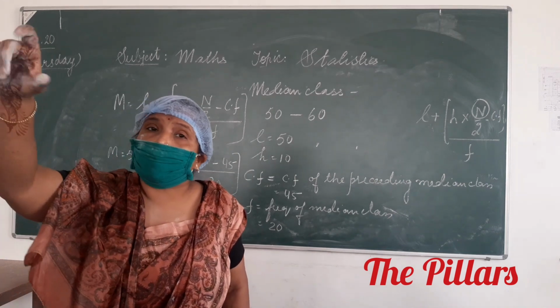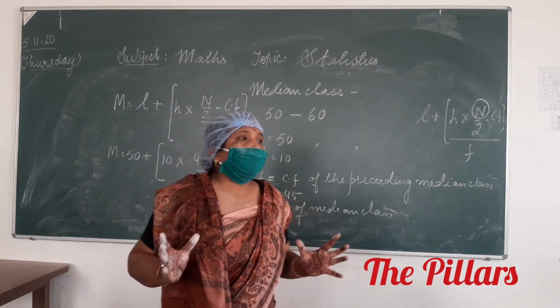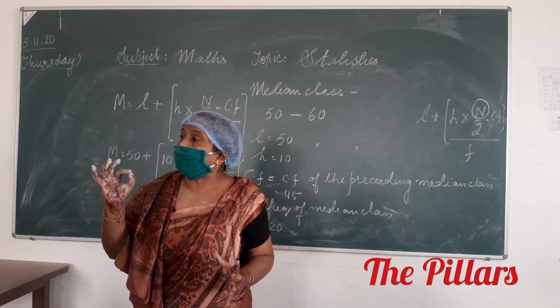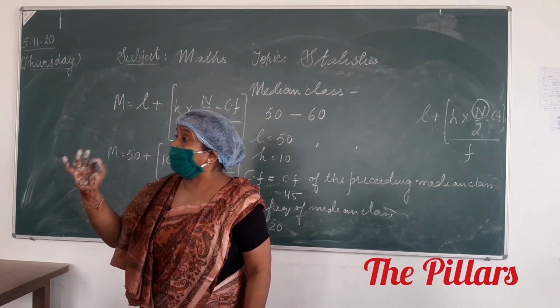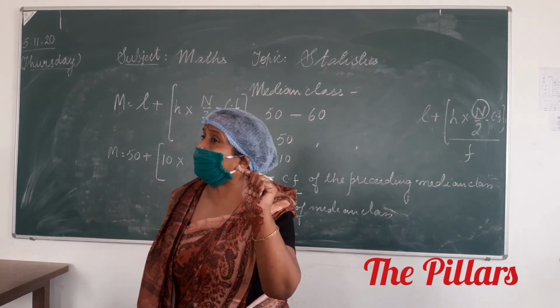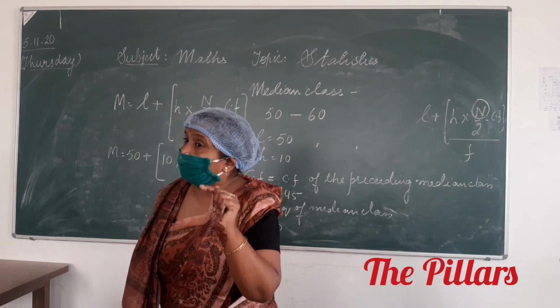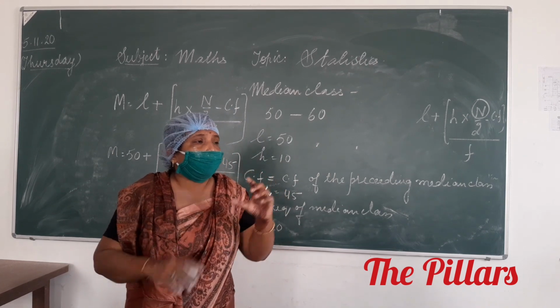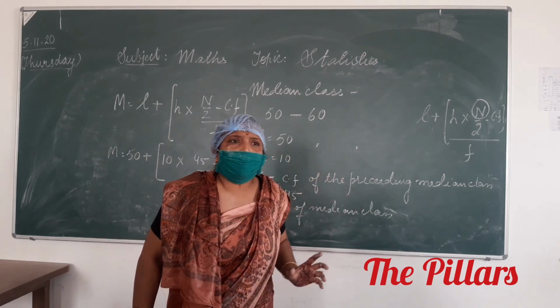Number of observations. And if it is even in number, then what do you do? N by 2th term plus N plus 1 by 2th term. What does this N stand for? Number of terms. Clear? If the data are given in grouped form, what is the meaning of grouped form?